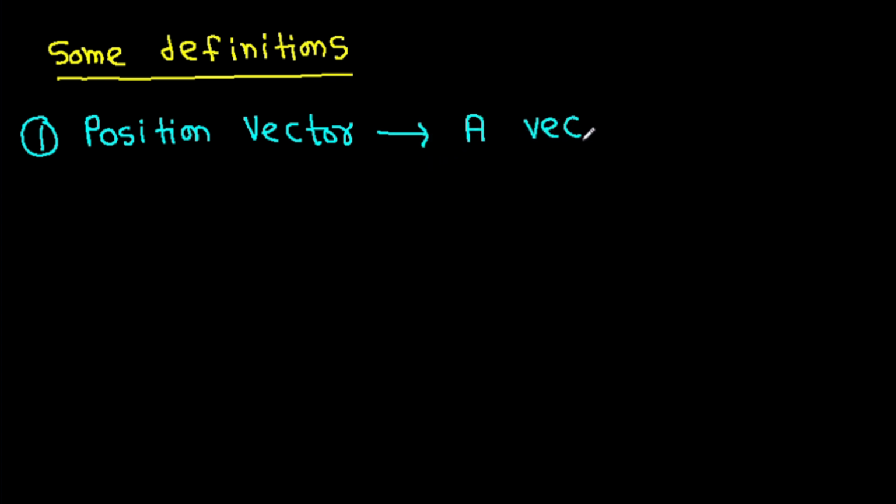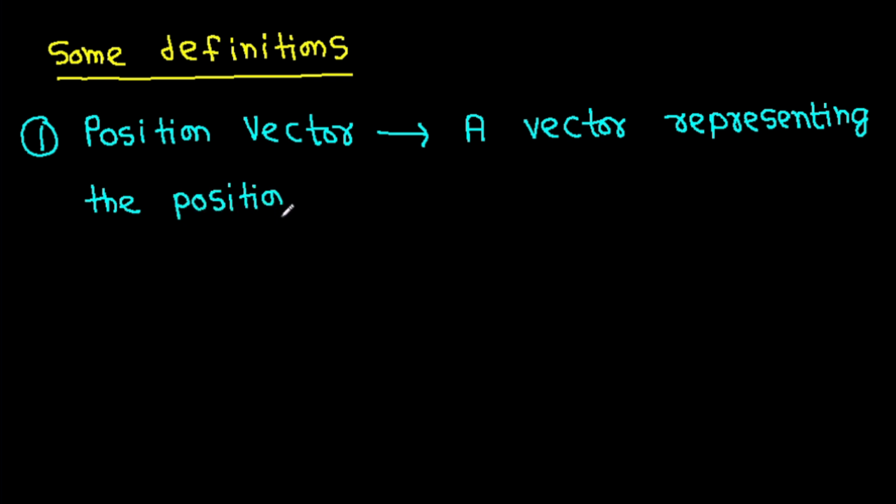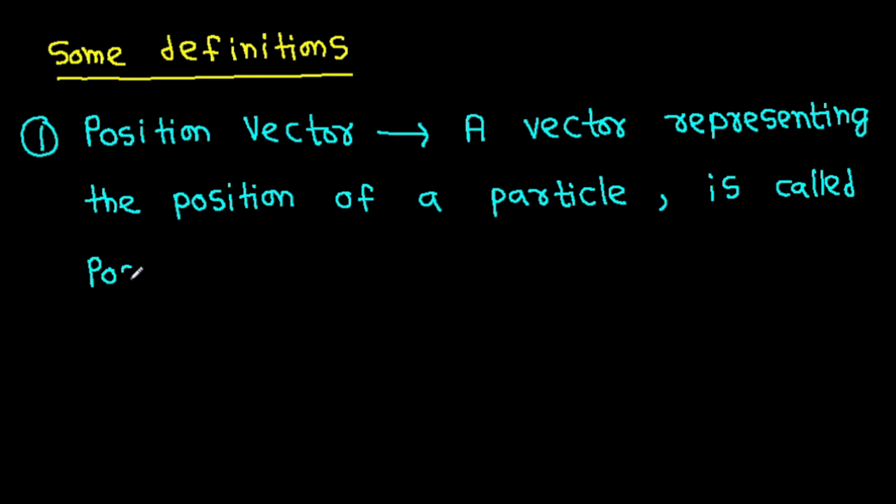A vector representing the position of a particle is called position vector.